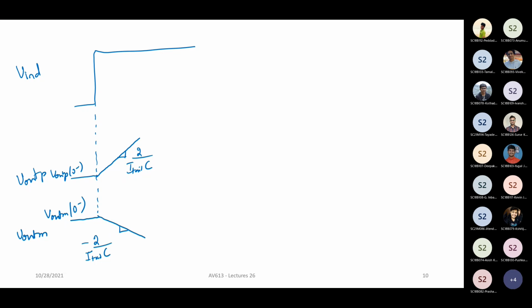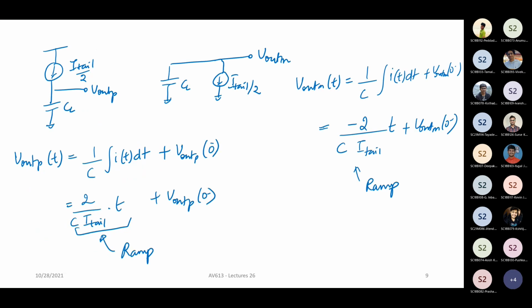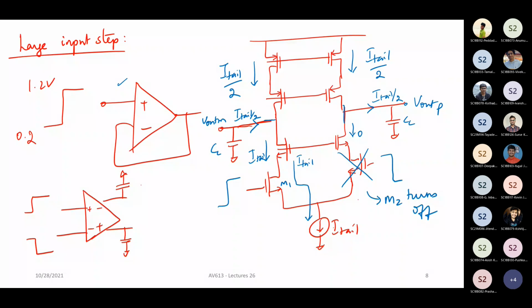Now, as Vout P and Vout M begin to move, this was somewhere here and now it is going to go up. Of course, if it is an open loop kind of thing, this will go down and this will go up.